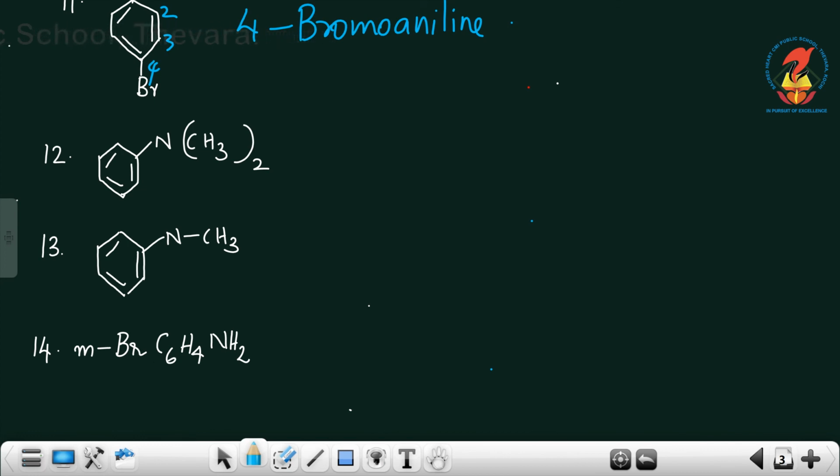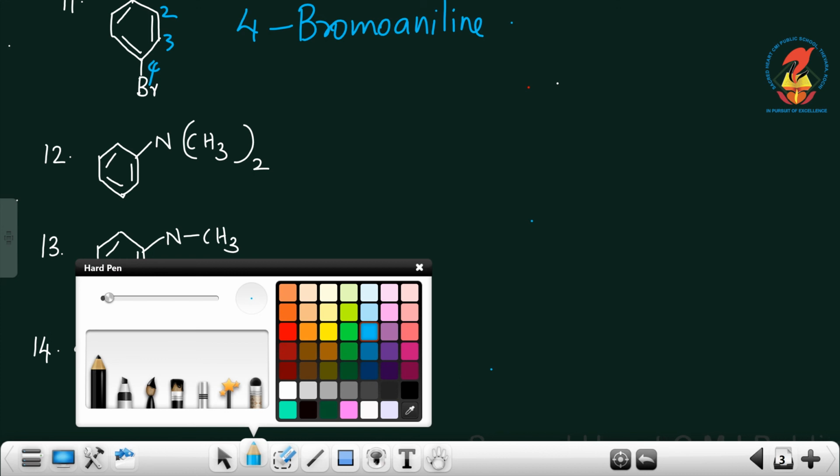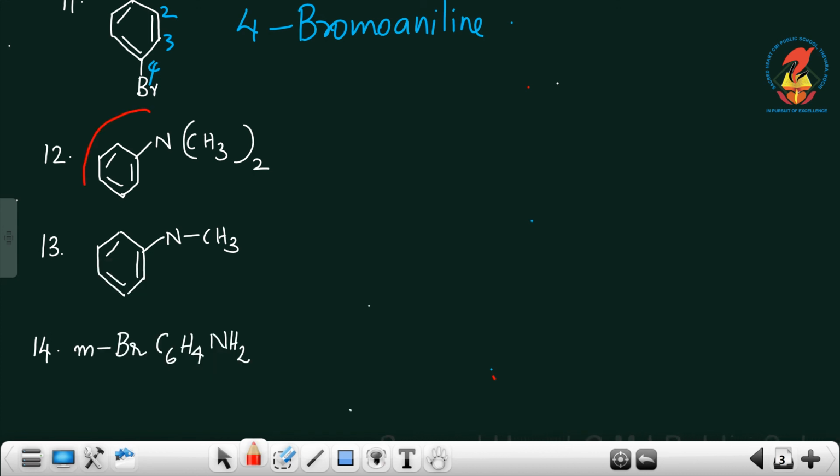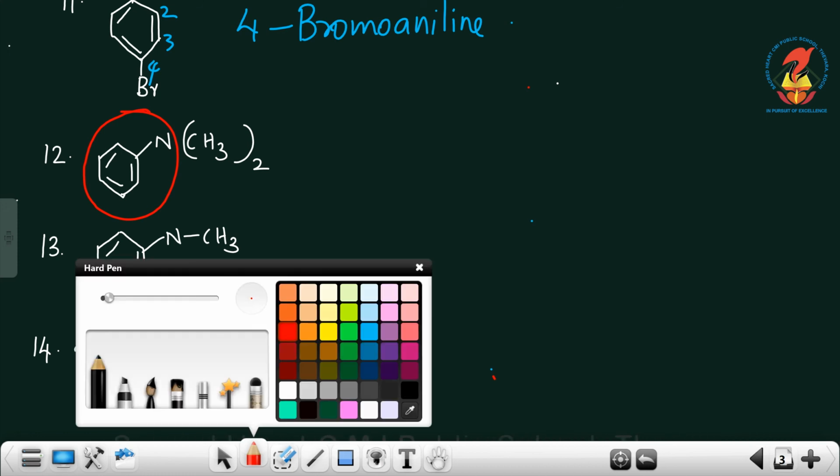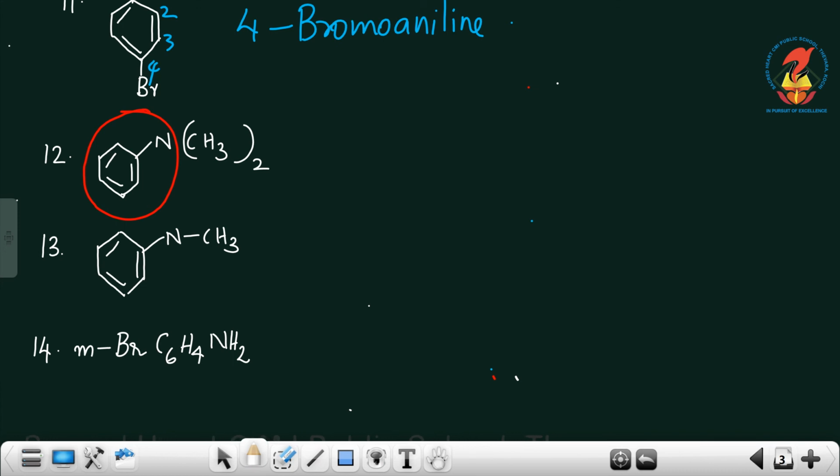The next question: nitrogen has 2 methyl groups and 1 benzene ring. The one with more carbon atoms, we have to take as parent. So benzene ring containing NH2, we can take as aniline, the parent. These 2 methyl groups will go as substituents.